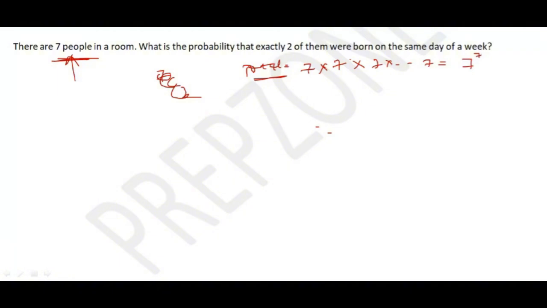Now, Ritvik, tell me the favorable ones. For favorables, I took 7C2. Why 7C2? Because I was taking 2 people and giving them one day, putting them in 1 slot. Okay, fair. For these 2 people, how many options do you have?